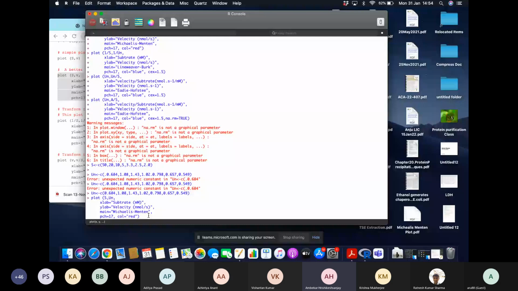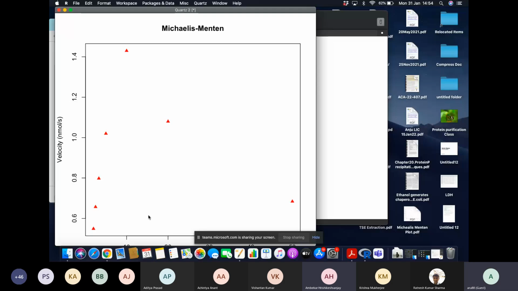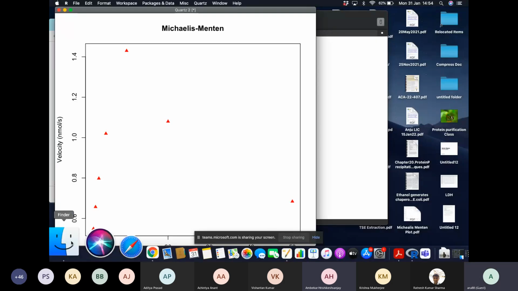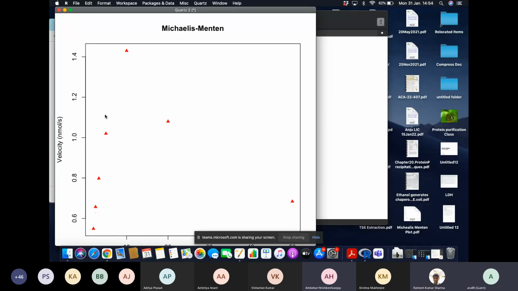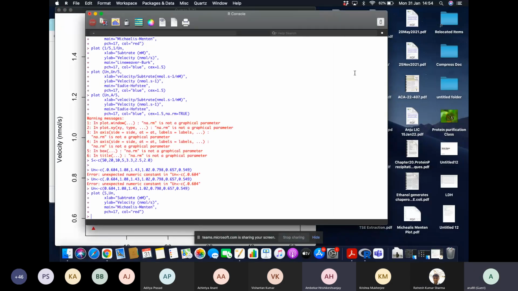Now I have written the command and I hit enter. So now you see this is the Michaelis-Menten plot. I am demonstrating these plots to you in order to help you understand that the example given in the book is real-time data. In a practical class, you are supposed to come to the lab and generate your own data and work with that.